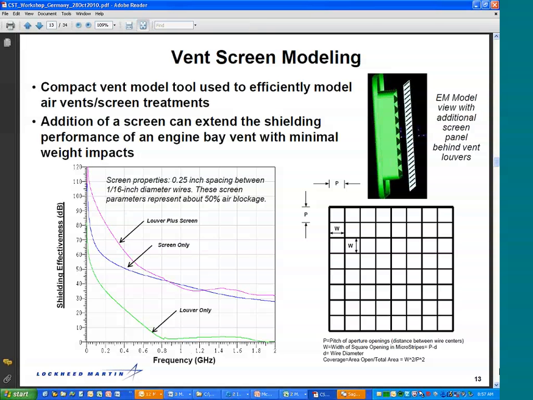And then you see that the shielding's not very good, the green line with the louver only. Then you see the line with the screen only, and then the combination of the two. So once you tune up these subsystem models, you're ready to go into a full system model with confidence and have the proper representation of these features where your energy can come in.